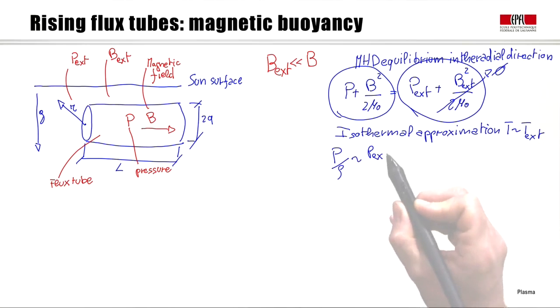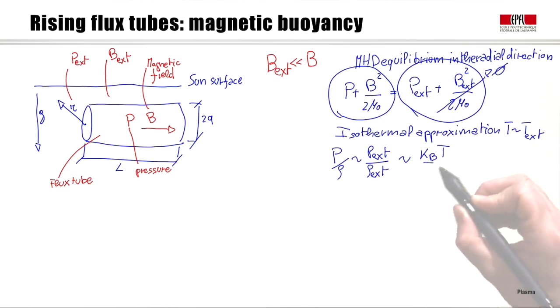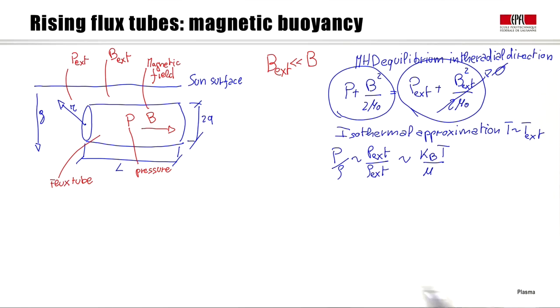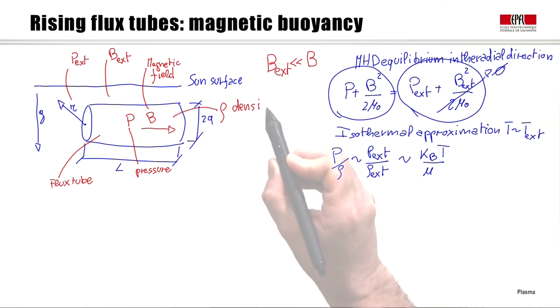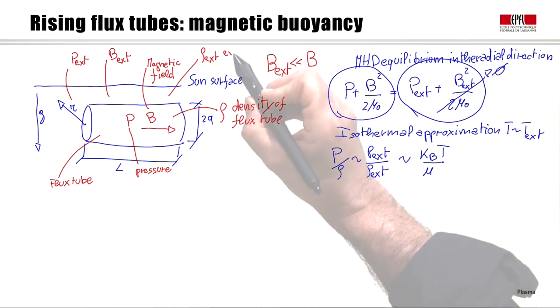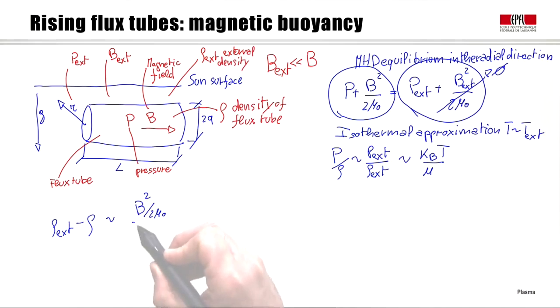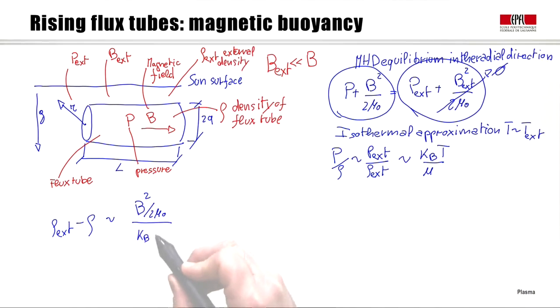If we now assume that the flux tube is characterized by a plasma density ρ, and the plasma outside the flux tube is characterized by a plasma density ρ external, and we use the equation of state for ideal gas, we can write the following. From this equation we obtain that, which tells us that the flux tube is less dense than the surrounding plasma.